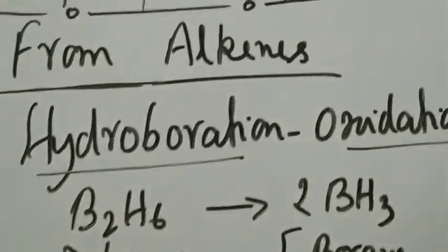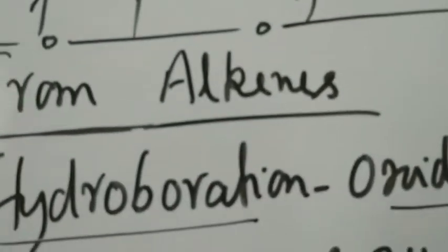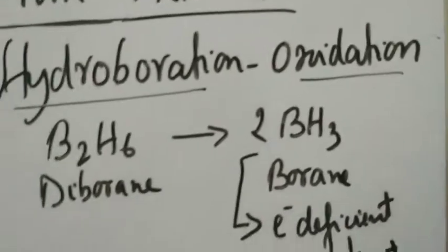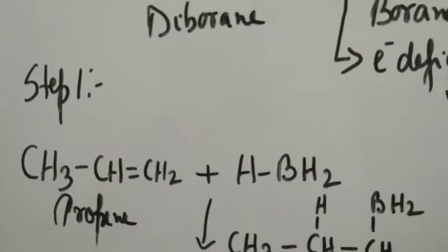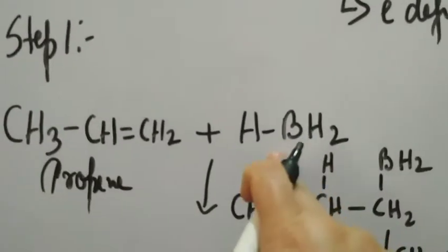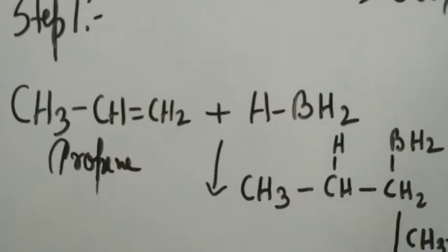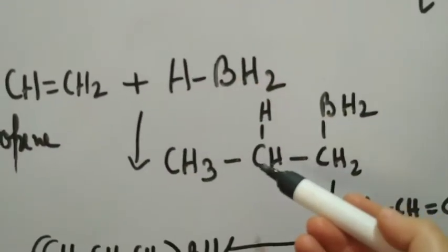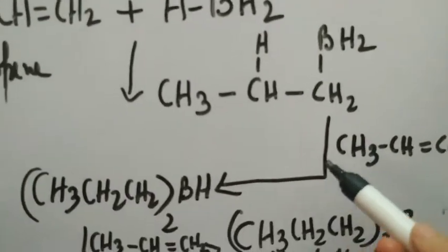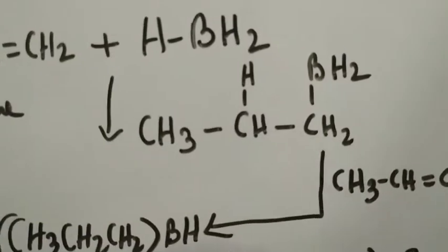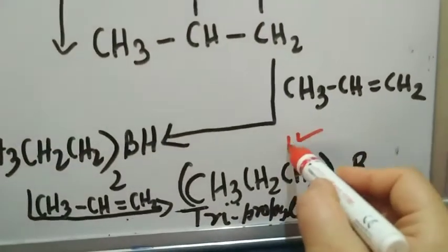We are trying to prepare alcohols from alkenes by the method called hydroboration oxidation. The first step is hydroboration, in which we take a molecule of borane BH3, to which we add our alkene. It gets added, first molecule in the first step, second molecule in the second step, third molecule in the third step. So what we get finally is a tripropyl borane.